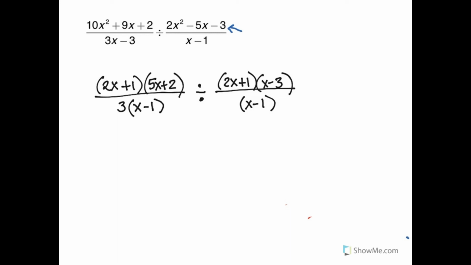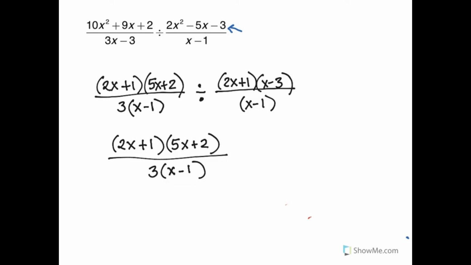Since it's a division problem, the first fraction stays the same, but the divide changes to a multiply, and the second fraction flips upside down, and the numerator and denominator switch places. And there we go. Time for the fun part. So what can I cancel?